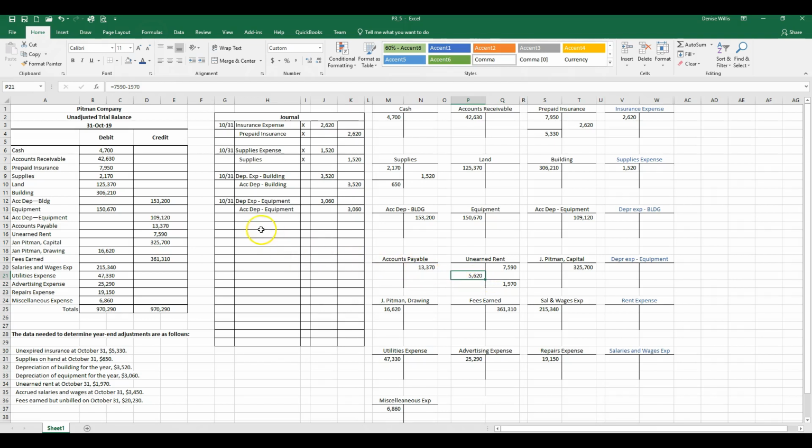Okay, so let me come over here. Let's do 1031 again, and we're going to take it out of unearned rent with this debit, and we said the amount was $56.20, and we're going to put it into rent revenue for $56.20. And looks like I forgot to make a rent revenue account.